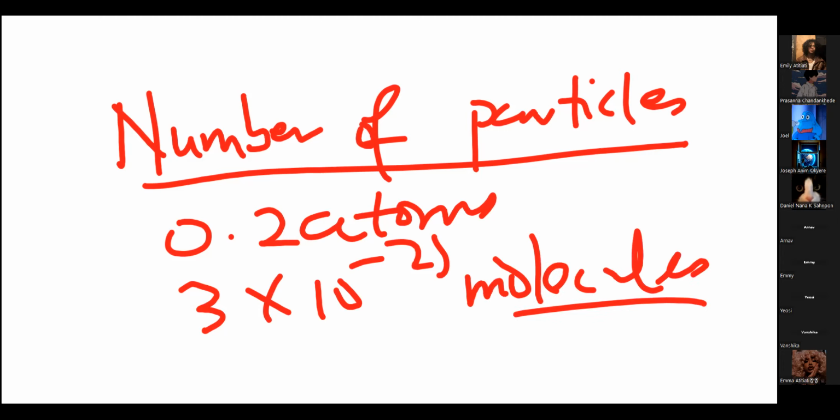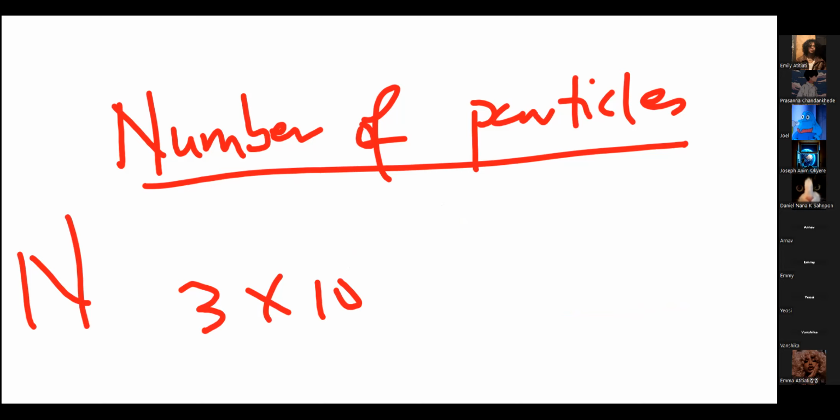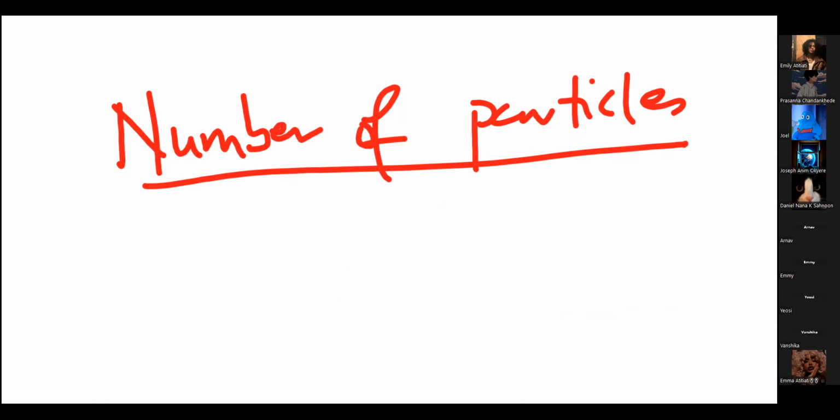So the moment you see that the unit they are giving you is molecules, atoms, ions, particles, formula units and all, that means they're giving you big N, number of particles. I hope everything is okay. Any question? Okay, all right, good.